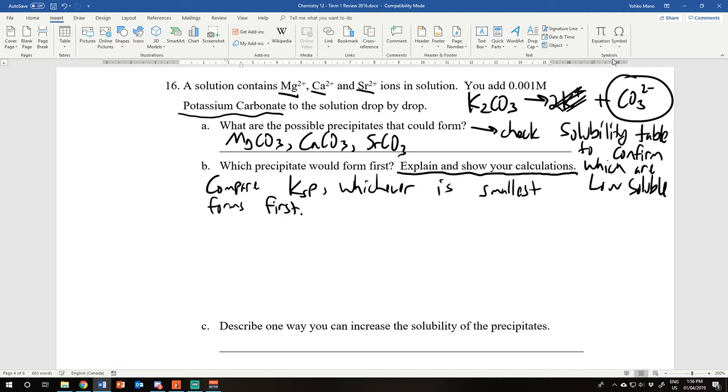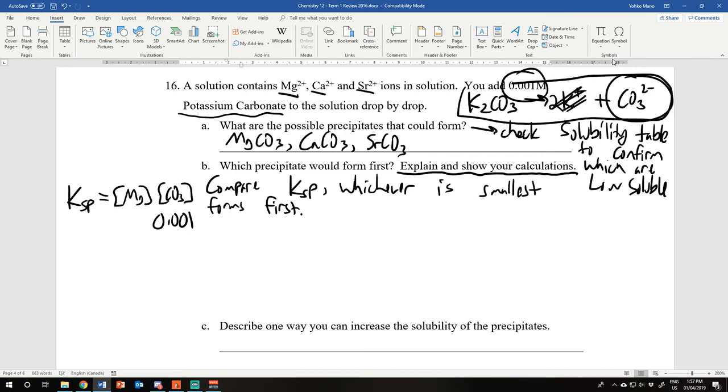Now, if you were to actually do this with actual calculations, you would take your KSP calculations. So like, let's say magnesium carbonate. You would figure out, okay, we know the concentration of carbonate because we have this. The concentration of carbonate is 0.001 based on this dissolving equilibrium here.